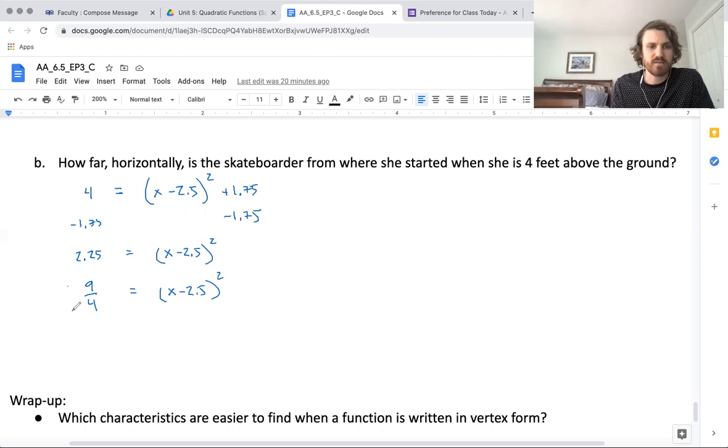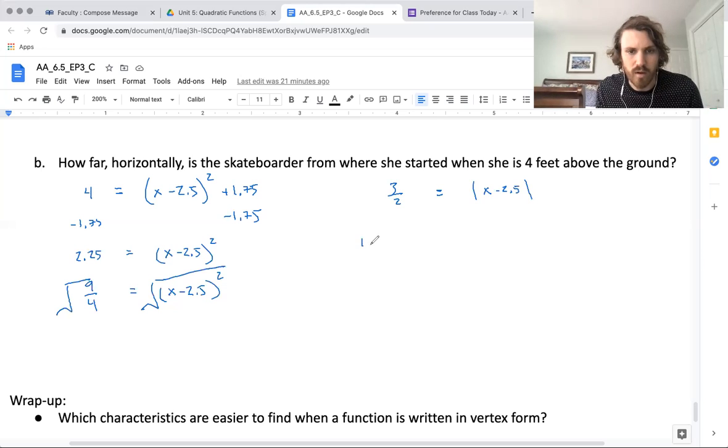And now I'm going to take the square root of both sides, and that should give me 3/2, which is the square root of 9/4, equals the absolute value of x minus 2.5. And that means that either 1.5 equals x minus 2.5 or negative 1.5 equals x minus 2.5.